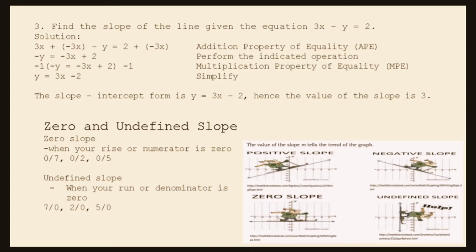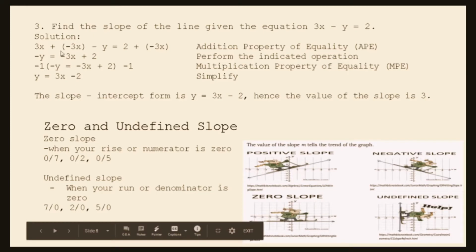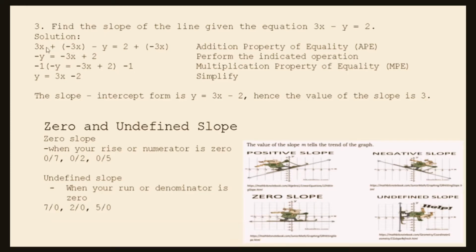So, ganito yan. Mag-a-add ka ng negative 3x sa may both sides, since equality nga, para maka-cancel out mo si 3x sa left side. So, which will leave you negative y is equal to negative 3x plus 2.